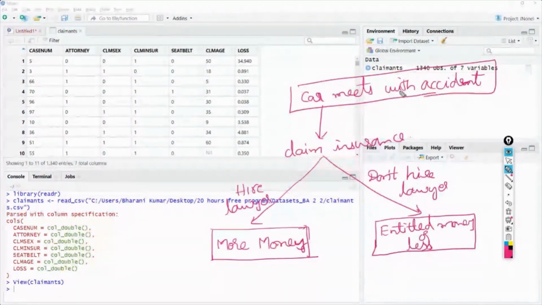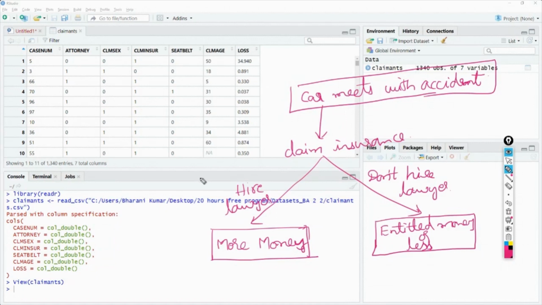So if the car meets with an accident, then either people claim insurance or not. But if they hire an attorney, the insurance company will pay more. If they do not hire an attorney, the insurance company will pay less. That's the condition here.